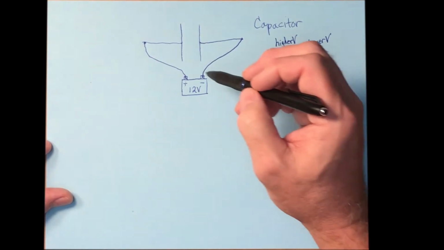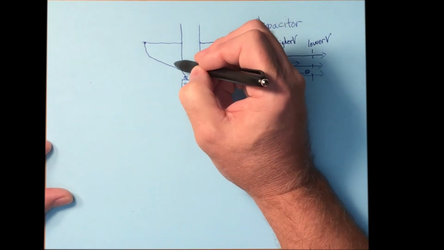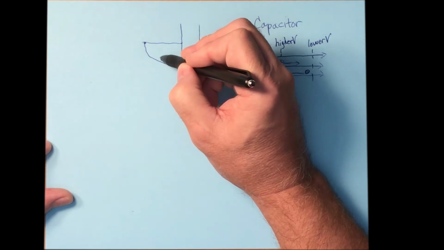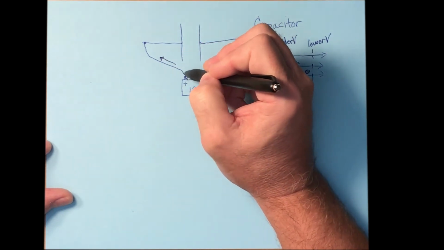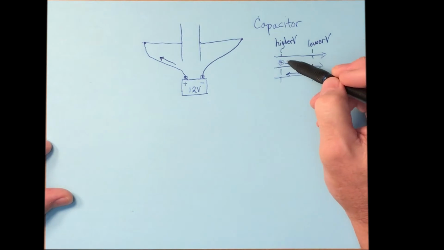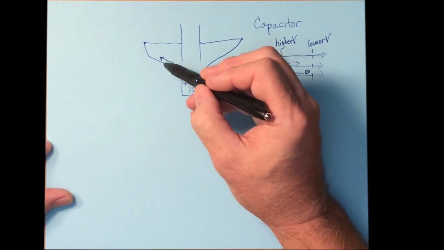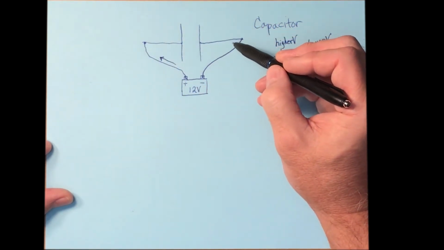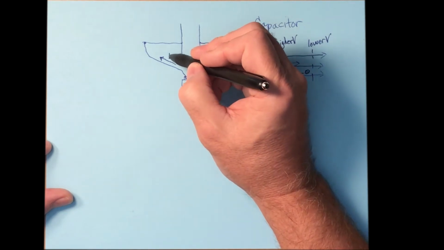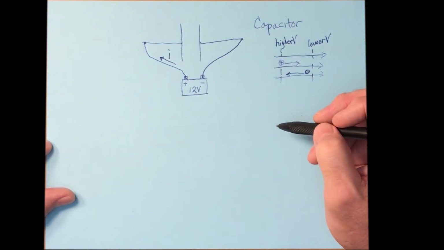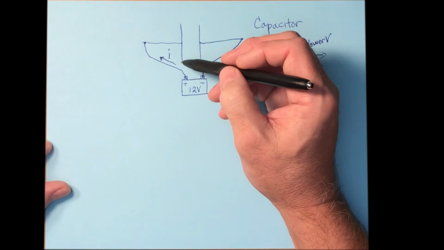All right? So in this case, imagine what happens is that we have a current of positive charge that begins to flow. It's moving away from the high potential toward the low potential. Let's label that current I. That'll be the symbol we'll use for current here.